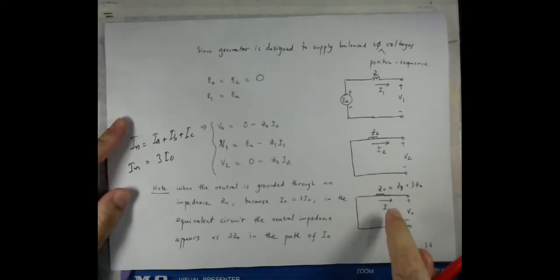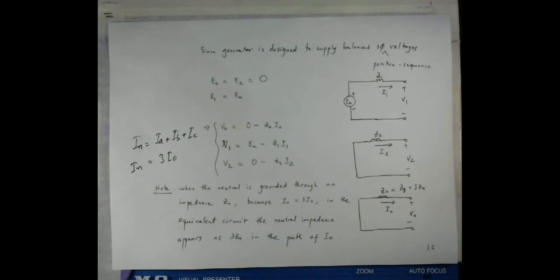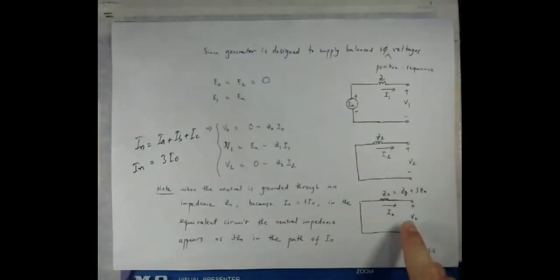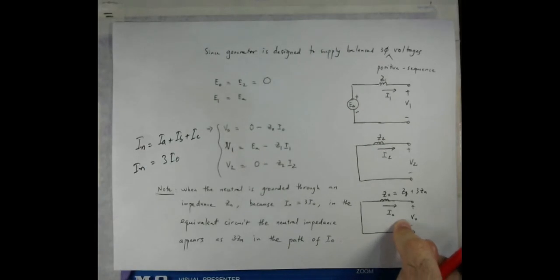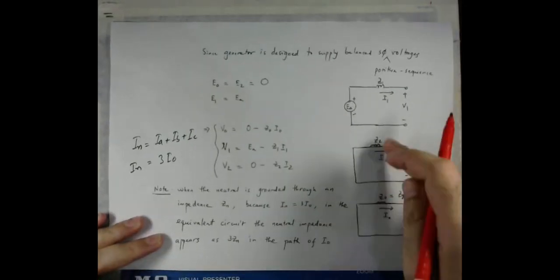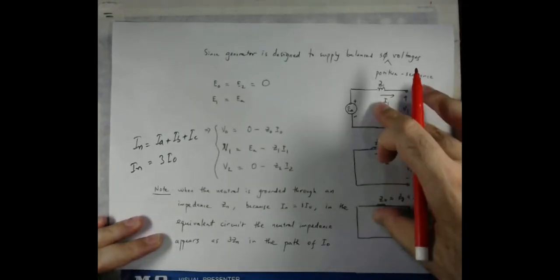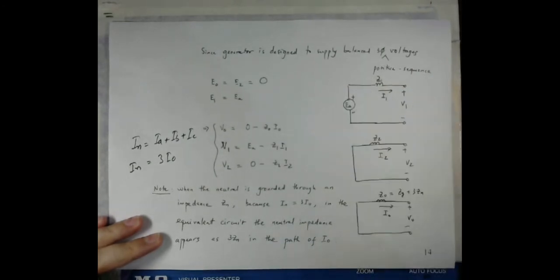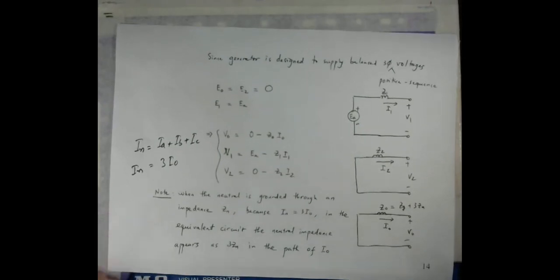And if the neutral point is not connected to the ground, then the zero sequence current will be zero. Some other observations were that these three sequence networks are not coupled, and one can solve them separately. These were the observations that we made in the last lecture.